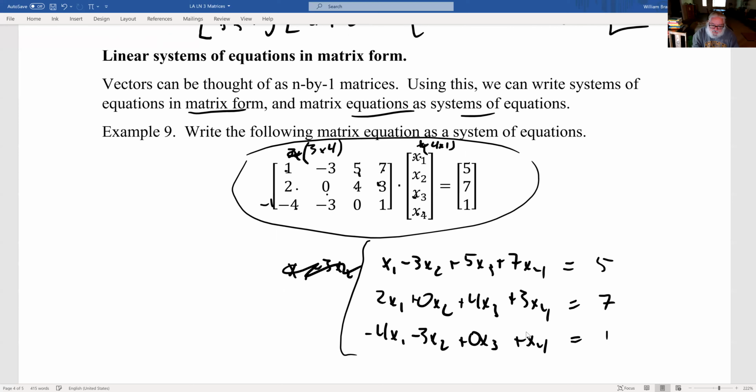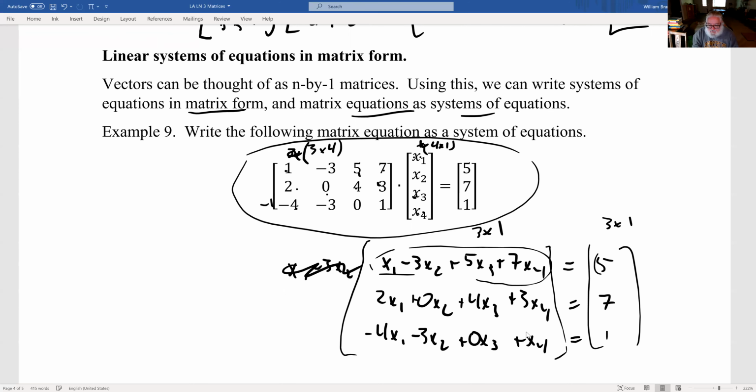Technically this should be a matrix and this should be a matrix, but these are both 3 by 1 matrices. And if they're equal to each other, that means that the corresponding elements are equal, so this equation equals that.